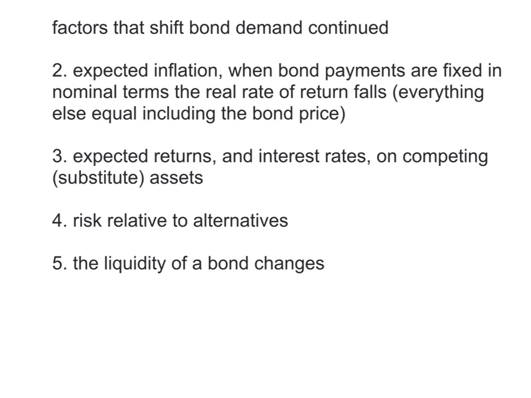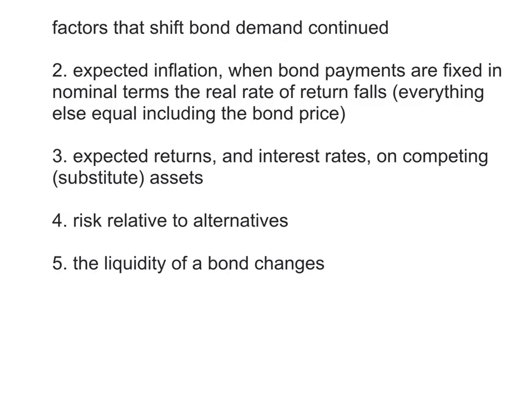Other things that affect bond demand include expected inflation. If the nominal rate of return on a bond remains the same and inflation is expected to increase, then the real rate of return on owning a bond falls, and that means that the demand for bonds will fall. Fewer people will want to buy a bond if the real return is lower.